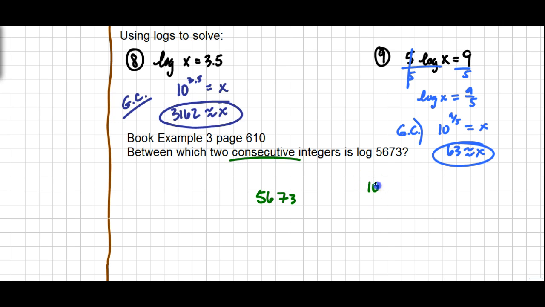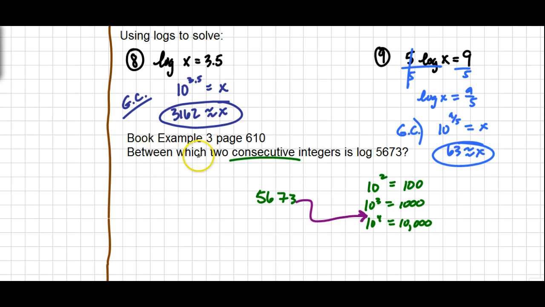So I'm going to start with just regular old powers of 10. I know that 10 squared is 100, and 10 cubed is 1,000. So far I'm getting closer and closer to 5673. So let's go to the next one, 10 to the 4. That is 10,000. And whoa, now we're too big. But isn't that number in between those two?